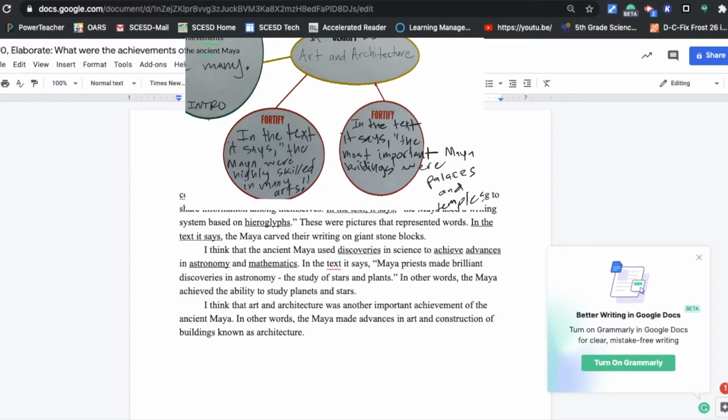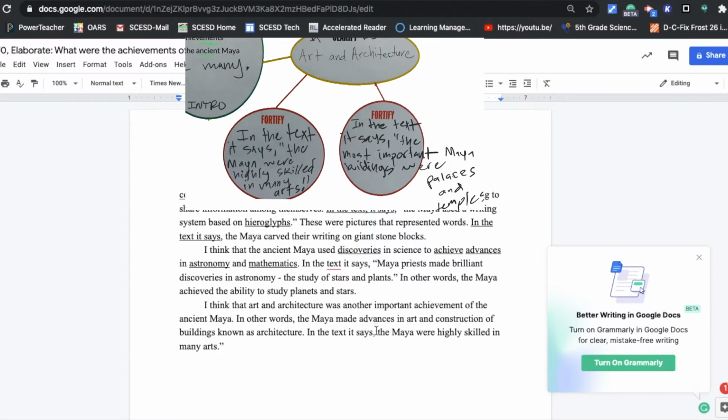So we'll say in the text, it says, the Maya were highly skilled in many arts. Okay. We could also just put the next fortify, but it might look weird if there's just two quotations next to each other.